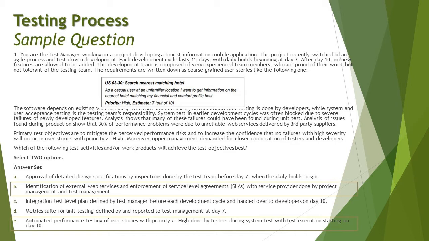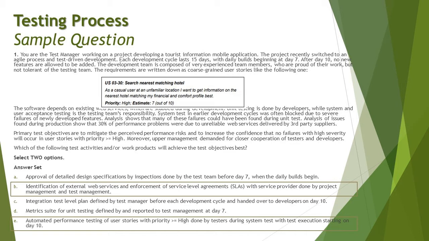So of course that will be the first and foremost thing to mitigate the first part of your objective. And the second is automated performance testing of user stories with priority greater than or equal to high, done by tester during system test with test execution starting on the day 10. Now that's the absolutely thing, system testing, at least you cannot prepone.